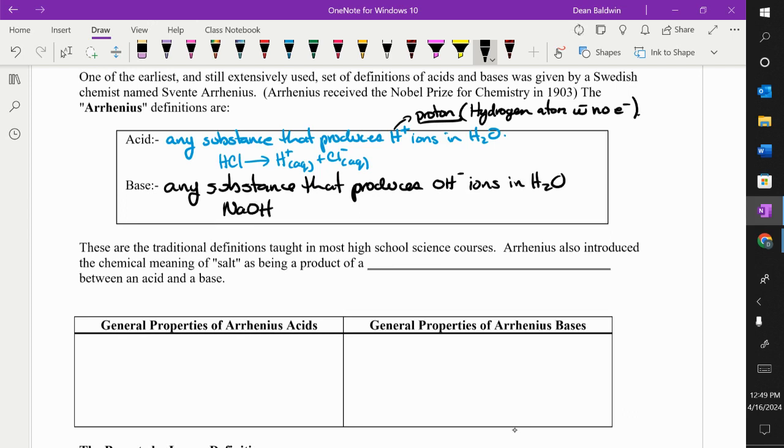So the classic is sodium hydroxide. You get sodium and hydroxyl groups, OH minus, and those should be aqueous, aq.